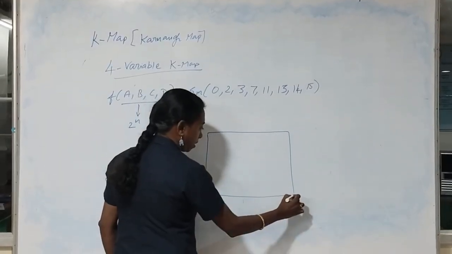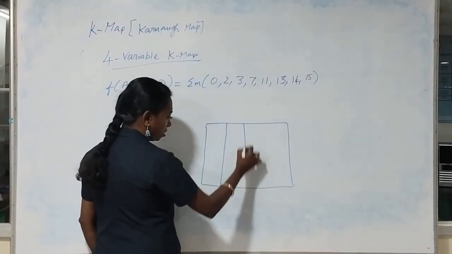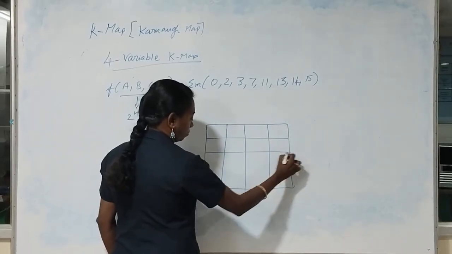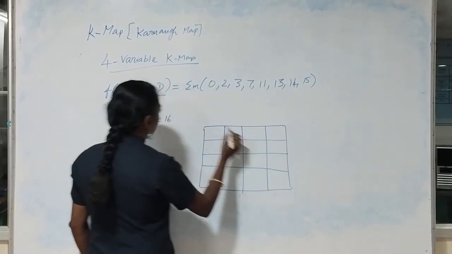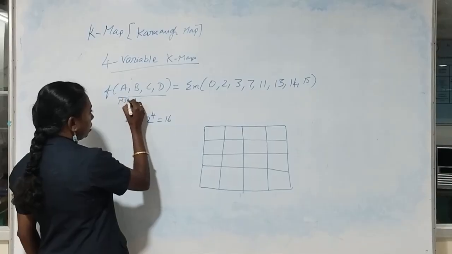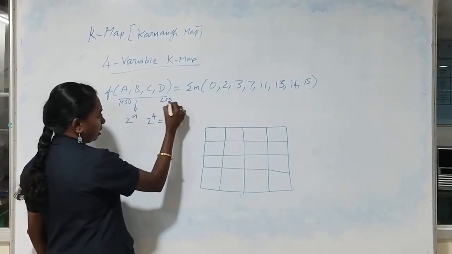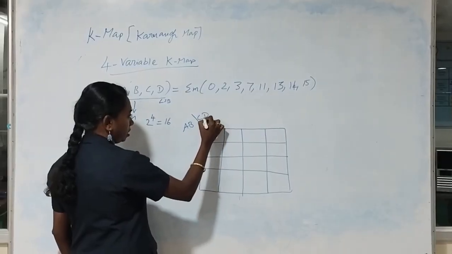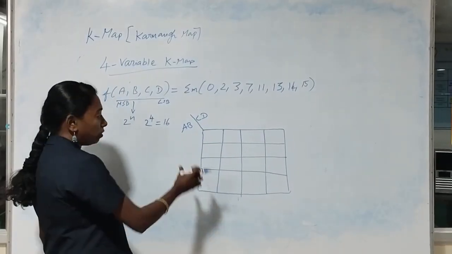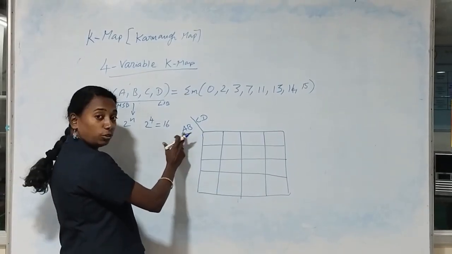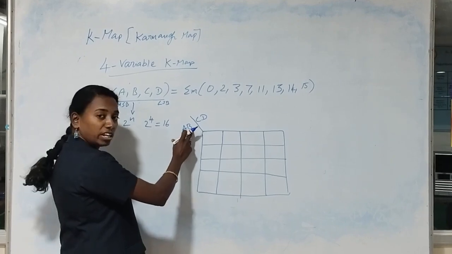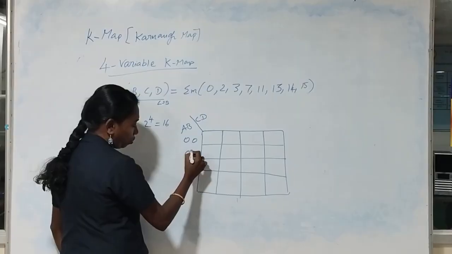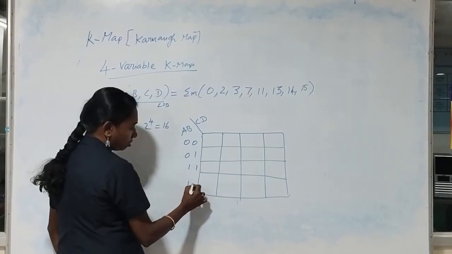So I am drawing a K-map which consists of 16 cells. So always we start with MSB. This one is LSB. So here it is AB and this is CD. So when considering these two, these are 2-bit variables. So 2-bit variables will have 4 combinations. So 0 0, 0 1, 1 1 and 1 0.